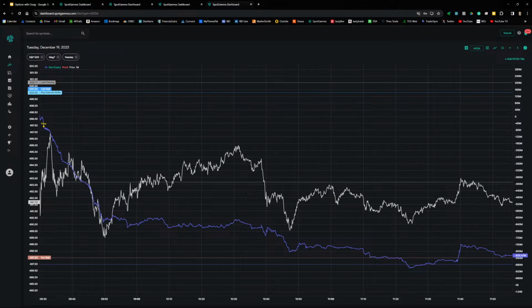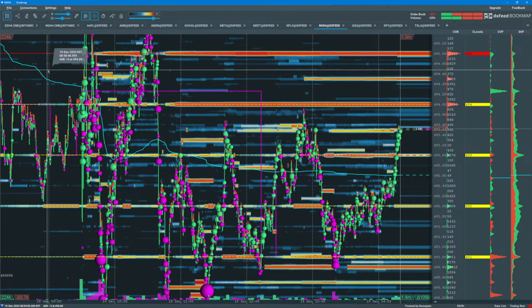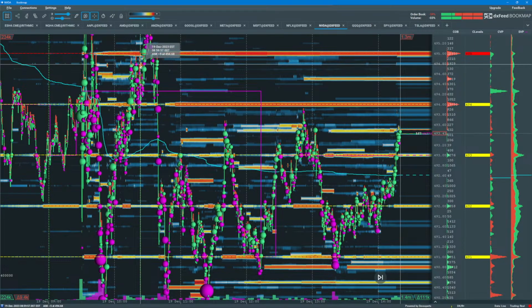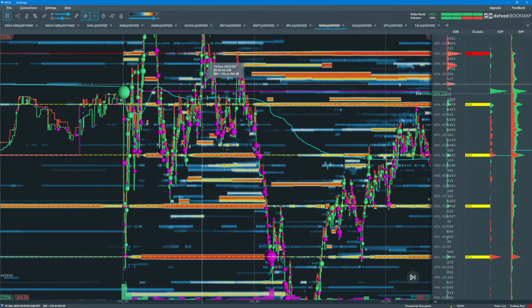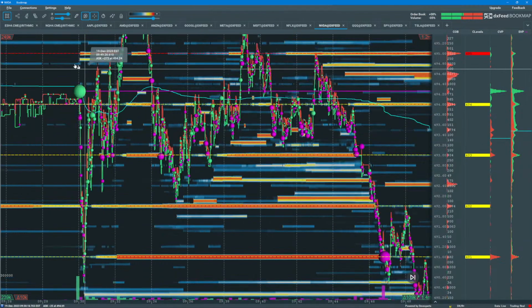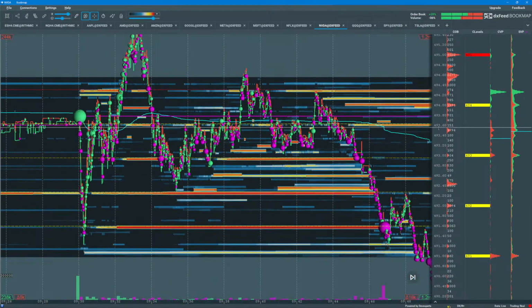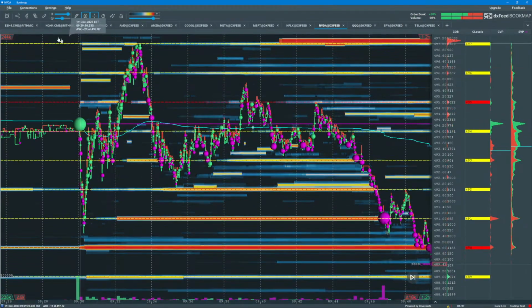Let's go take a look at Bookmap. I'm going to zoom in. Otherwise a very choppy day in NVIDIA. Just the volume dots a little bit.